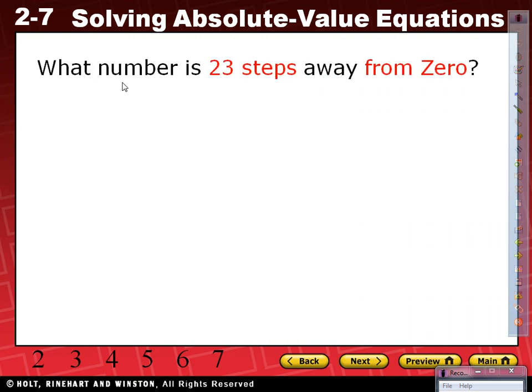What is it that they're asking for? What is the number? See how it's a little bit backwards? If we don't know the number, but we know the distance, don't we?